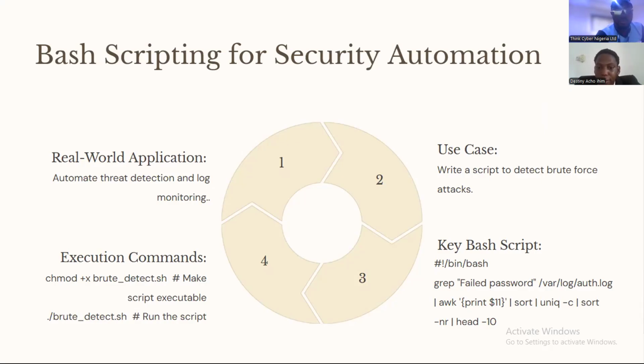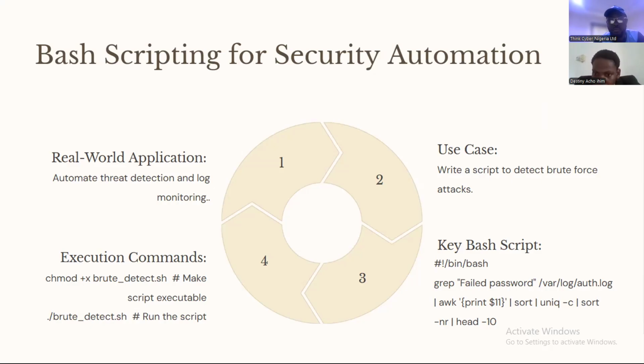Bash scripting is relevant for cybersecurity because automation ensures a faster response time and allows security teams to focus on complex threat scenarios, right? In bash scripting, we learned conditional statements like if, we learned about case, and we also learned about loops. All these things are important because during automation, you want to make your work easier so that you will save time.